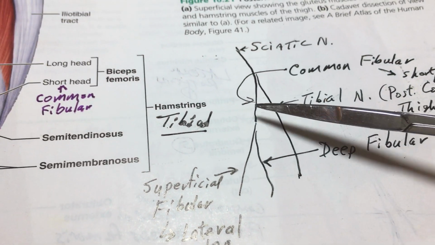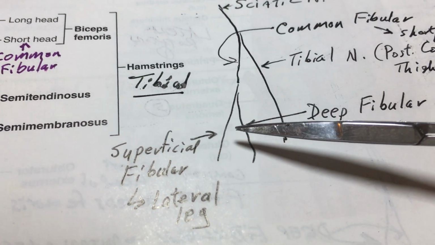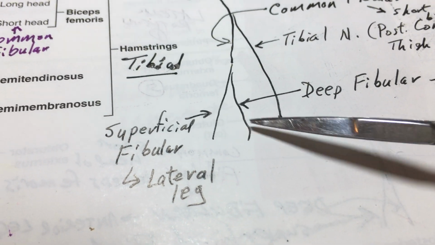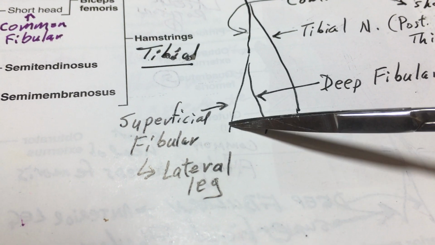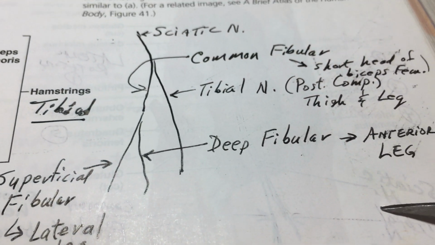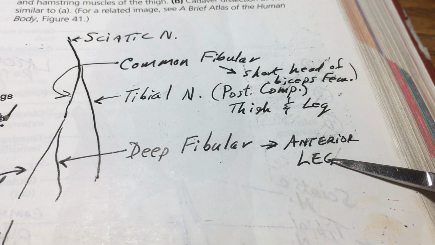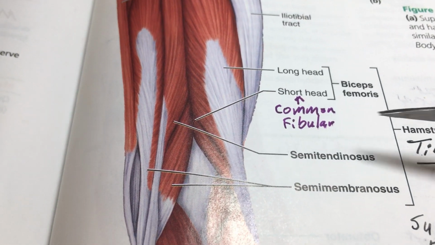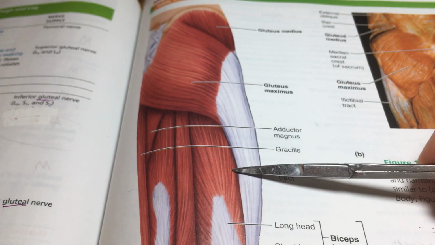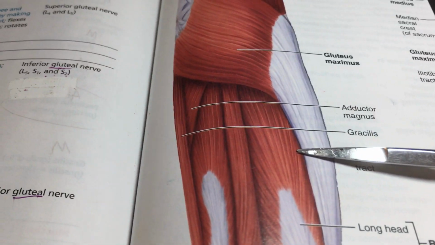Okay, and then this branch over here, the common fibular, is going to divide into superficial and deep. And superficial takes care of the lateral compartment of the leg, and deep takes care of the anterior compartment of the leg. Okay, and let's take a look here at the posterior compartment, just the way you like it.